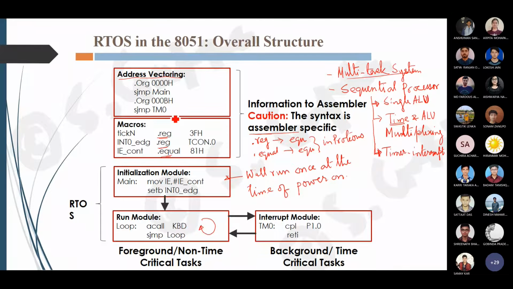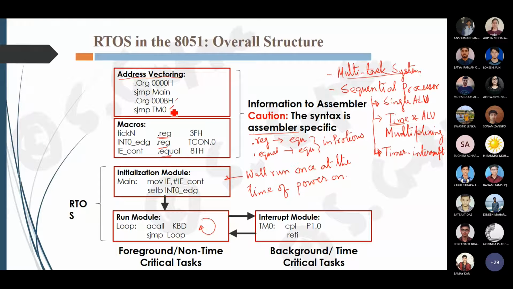And then we can write those, like we are generating this square wave with the CPL instruction at P1.0. But this timing is highly precise, because at every basic time interval that we can set for timer 0 or timer 1, this part of the operation will execute very precisely at that time.